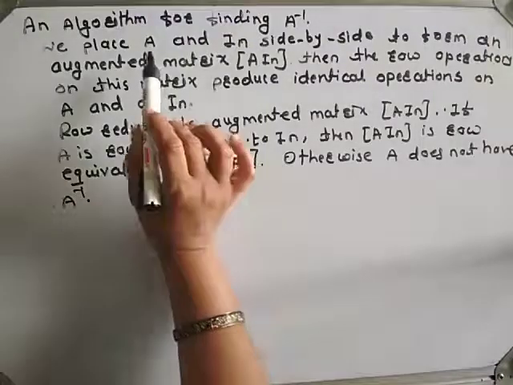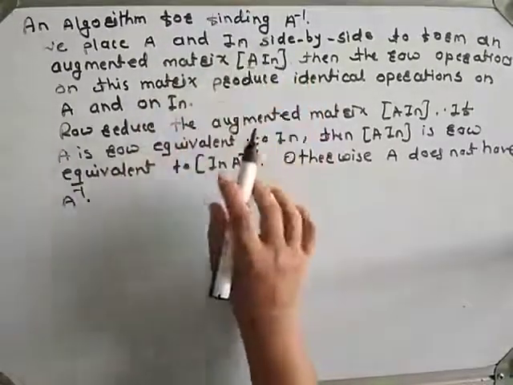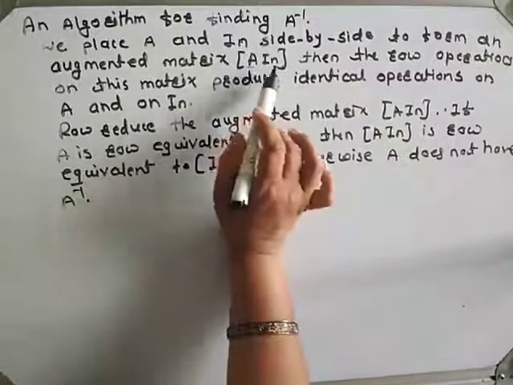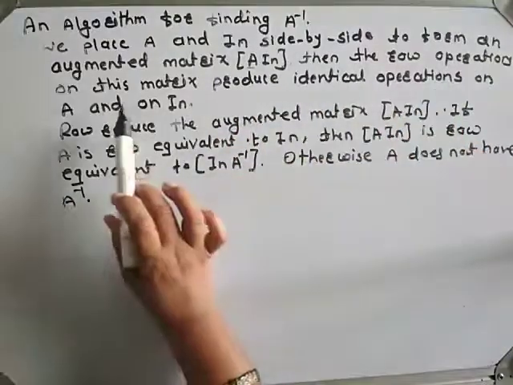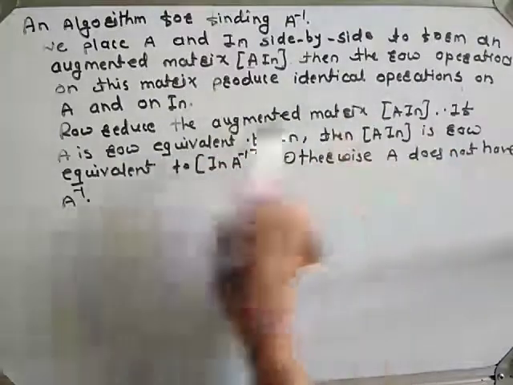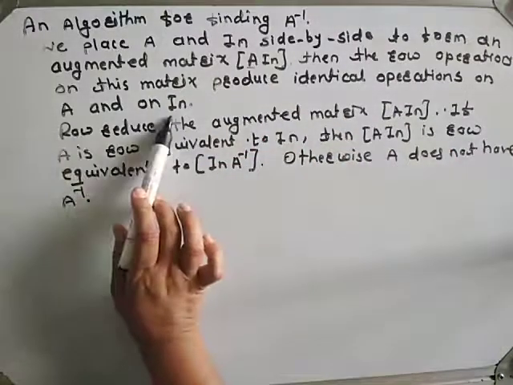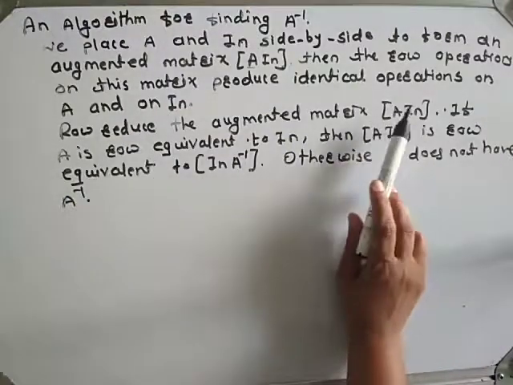Here we have to place A and In side by side to form an augmented matrix [A | In]. Then perform row operations on this matrix to produce identical operations on A and In. We have to row reduce the augmented matrix.